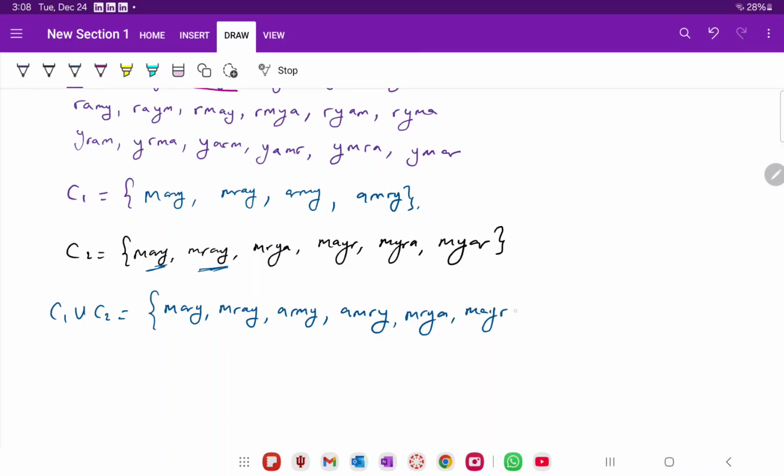So we have this, we have this, then we have this. So for the intersection, those are just the points where Y is in the last position and M is also in the first position. That will be MARY, and then we are done.